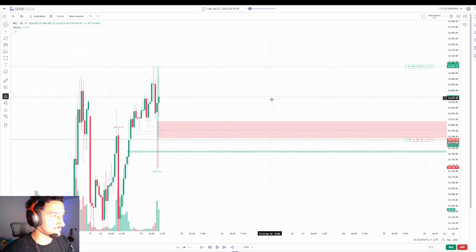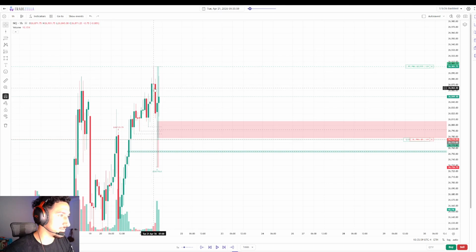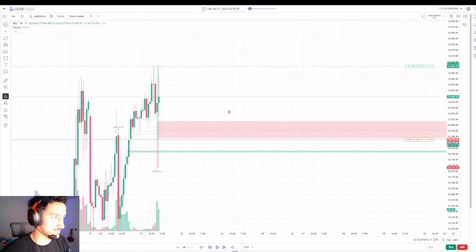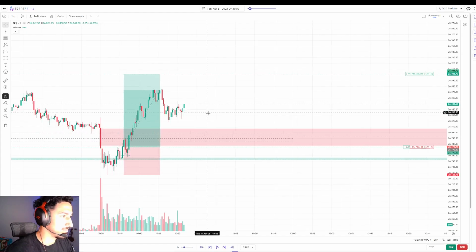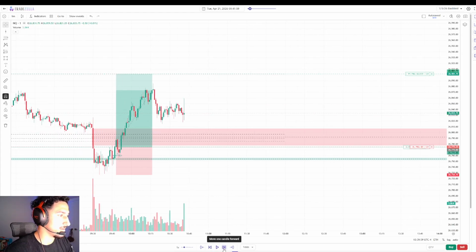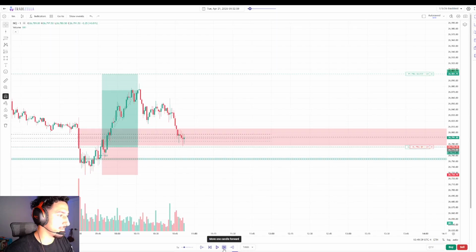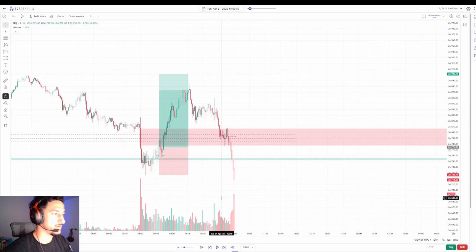Maybe the rejection of this wick, but you know, we've left this strong wick here. We tap back into it on this 10 a.m. candle. And break even.